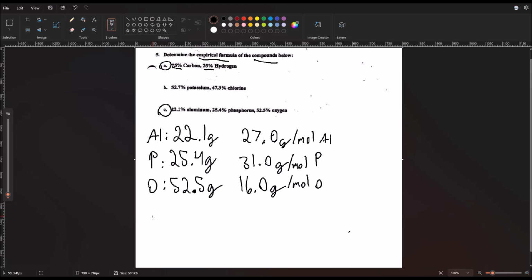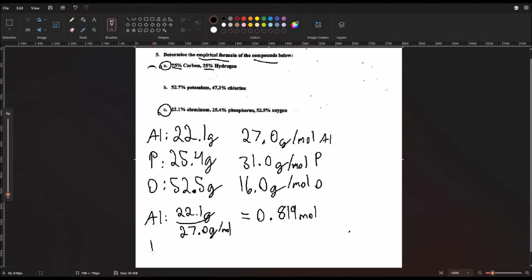So in the case of aluminum, it's going to be 22.1 grams divided by 27.0 grams per mole. And that is going to give us 0.819 moles.